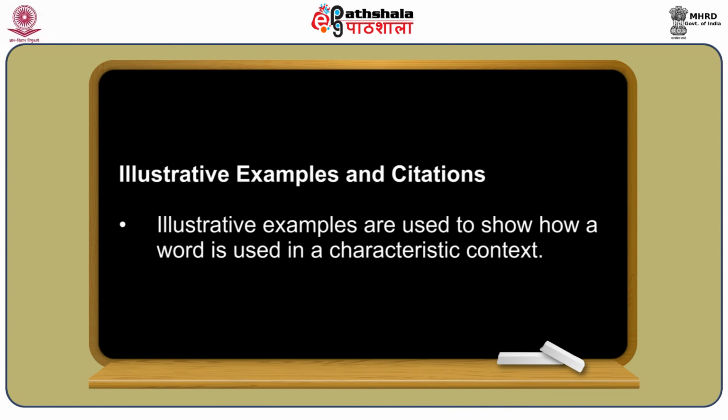Illustrative examples and citations. Illustrative examples are used to show how a word is used in a characteristic context. This helps to clarify and distinguish the finer shades of meaning, especially in the case of polysemous words. According to Barnhart, the central place in the entry in most cases might be given to what one conventionally calls illustrations.